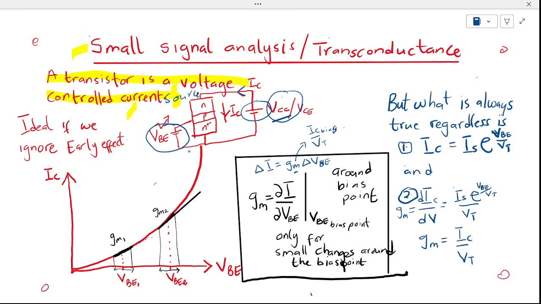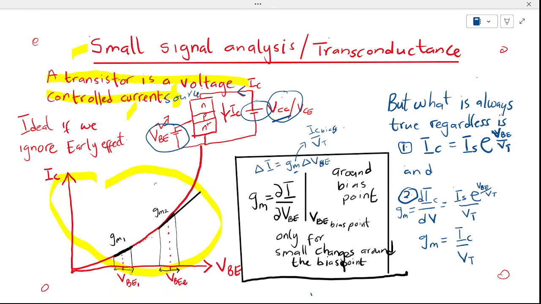So the whole idea of transconductance comes in, as previous videos have already made this characteristic curve here. Let me change to the highlighter. So this characteristic curve here, clearer.